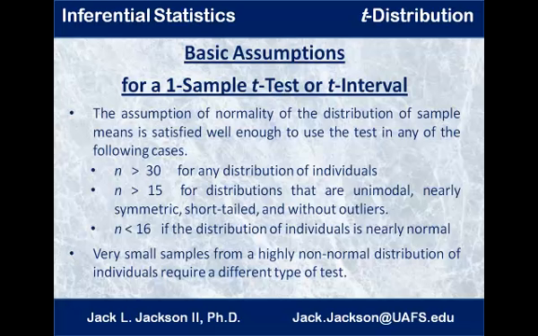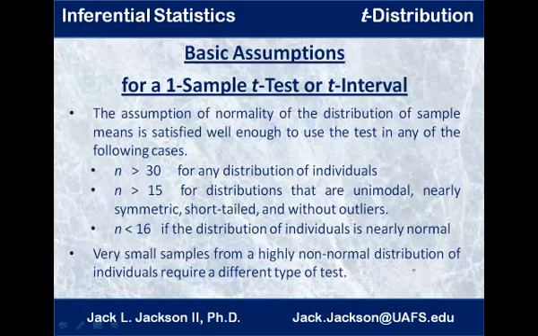You have to establish this normality requirement in one of these ways. And in these other cases, there's a different type of test that you'll have to use. It's usually some sort of what's called non-parametric methods, and we probably are not going to get a chance to go over those in this particular class, but your book does talk about some of them, or you can look up a more advanced statistics book to see what you do in those cases if you're forced into that sort of situation.